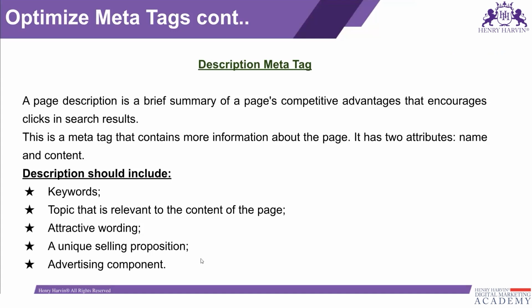Okay, by mentioning your USP, you will make a difference between you and your competitor. Okay, so an advertising component that says you are advertising, you are mentioning the things that you have, and it's like an advertisement on the search result, so that people will find it attractive and click on your link.